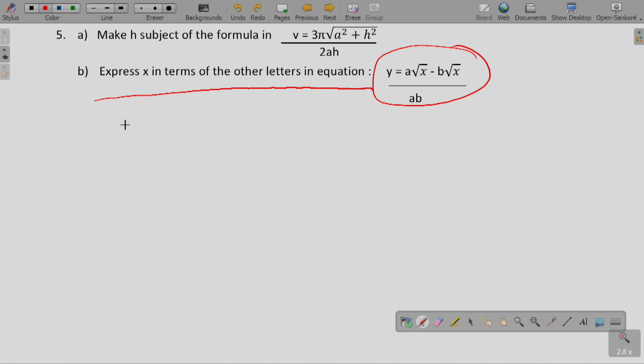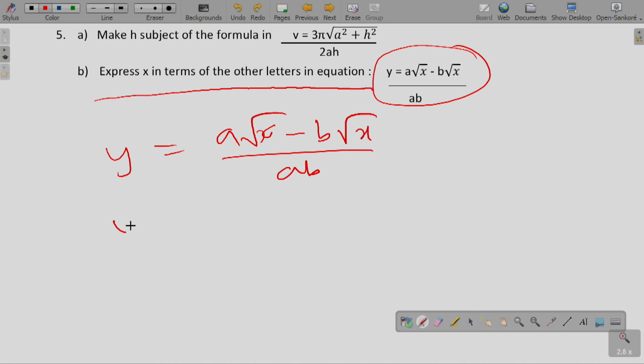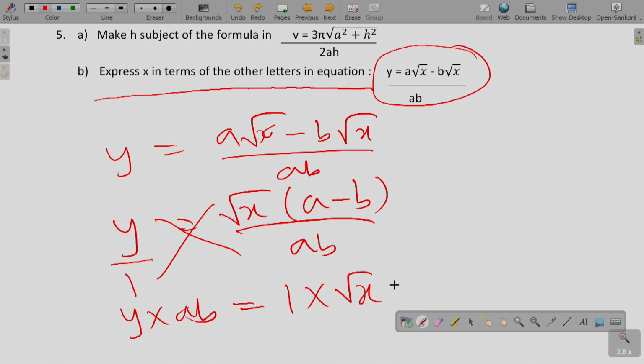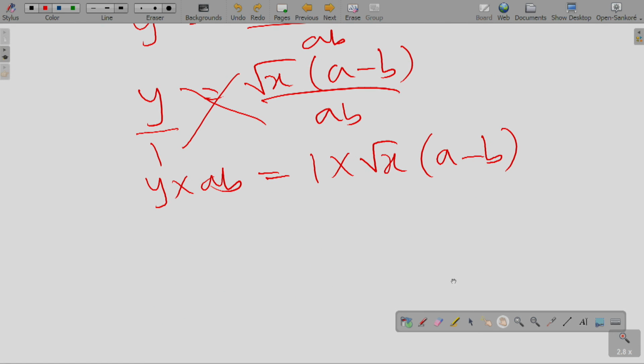So last question, we have to express x in terms of the other letters. We have y is equal to a square root of x minus b square root of x over ab. So here we can take square root of x as common over ab. I cross multiply: y times ab is equal to 1 times square root of x, here a minus b.